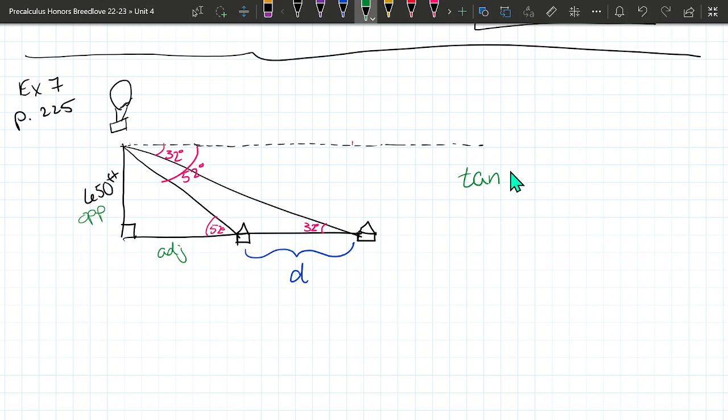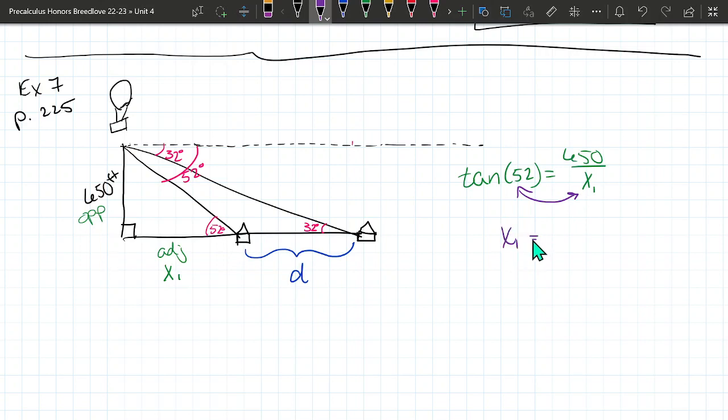So tangent of 52 degrees equals 650 over the adjacent, which let's call x1. Okay, so I want to solve and the x is in the bottom. My shortcut when the x is in the bottom is just let them trade places.